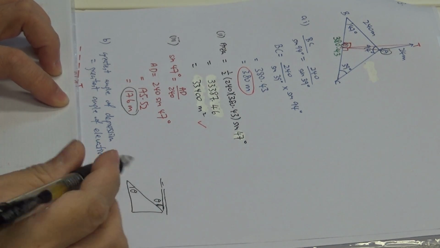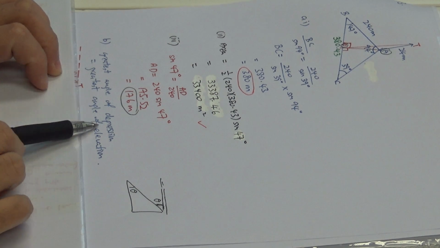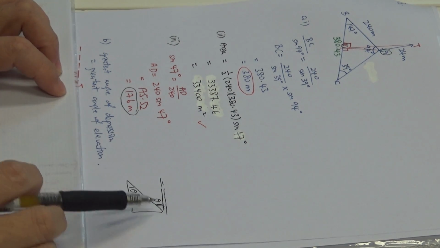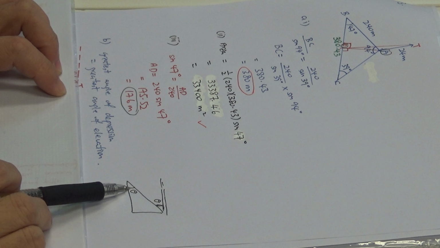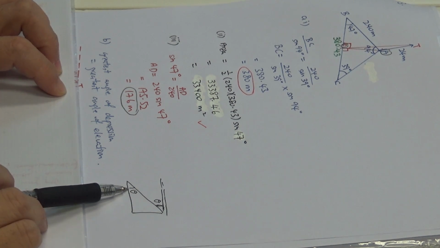So the greatest angle of depression will be formed when you have the greatest angle of elevation, and as I told you, you get the greatest angle of elevation when it's the shortest distance from the tree.